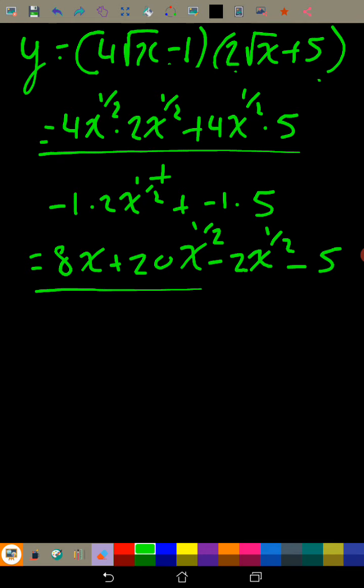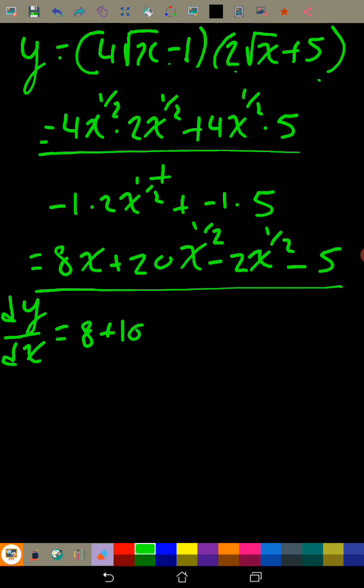So I have this new equation, and we can now peacefully do the dy by dx. We'll get 8 here. We'll have 10 here, but here we'll have minus half. And so minus 2 divided by 2 is minus 1, and here it's going to be minus half, and the constant goes away.